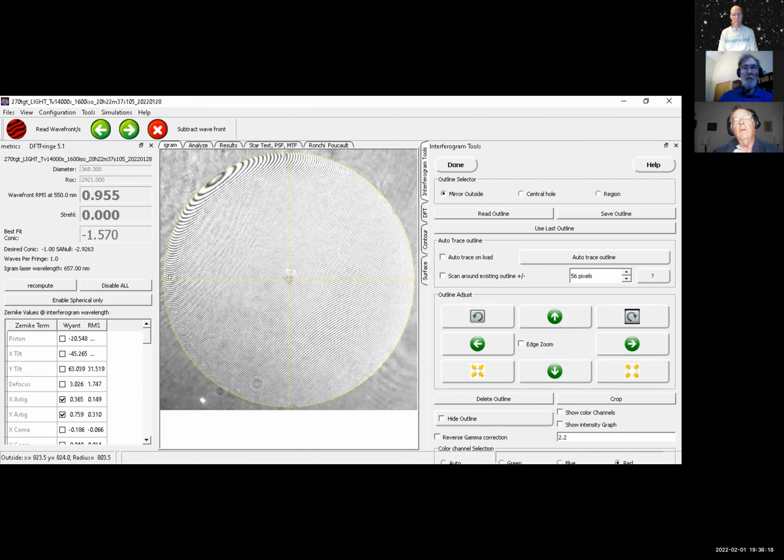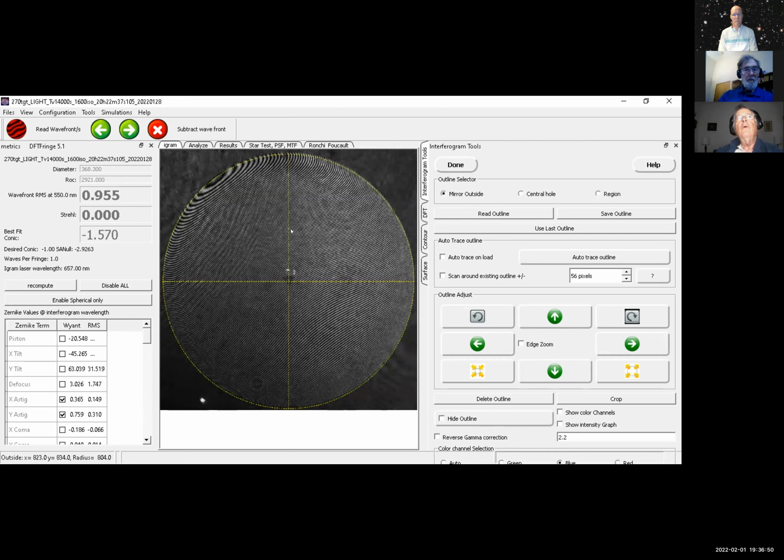And so the first thing you do is you have to tell it where to look. And so what I've just done is I've drawn this circle around here showing where I think the mirror is. And so you hit done, and now you get a Fourier transform of the data.